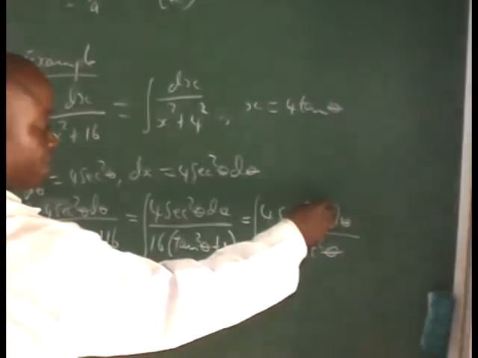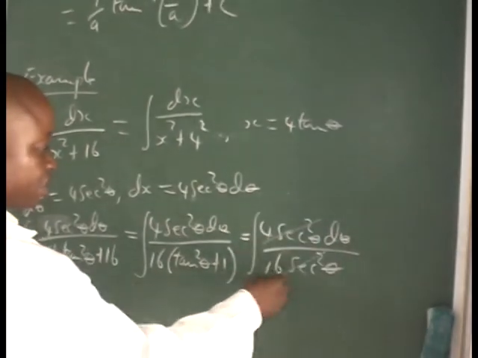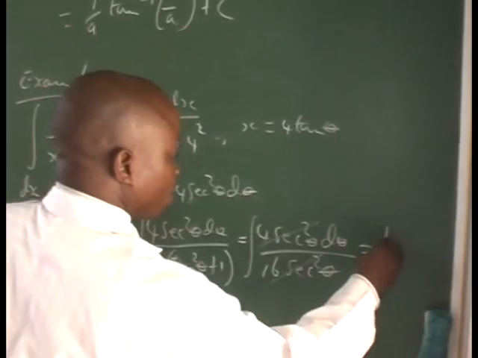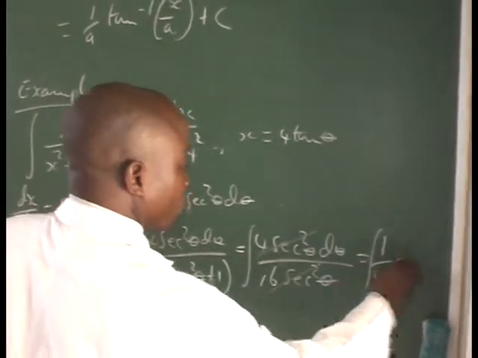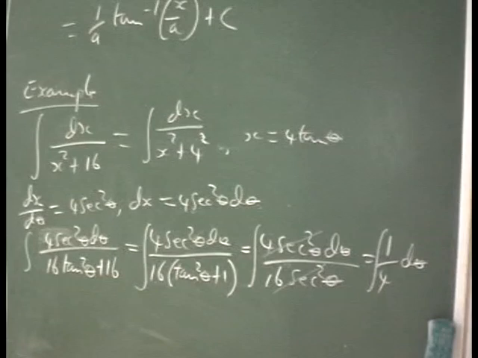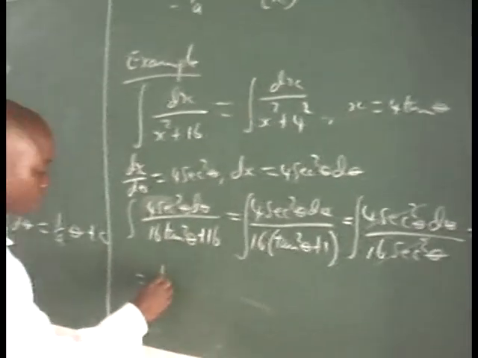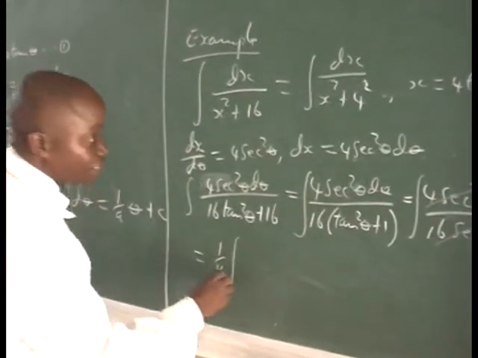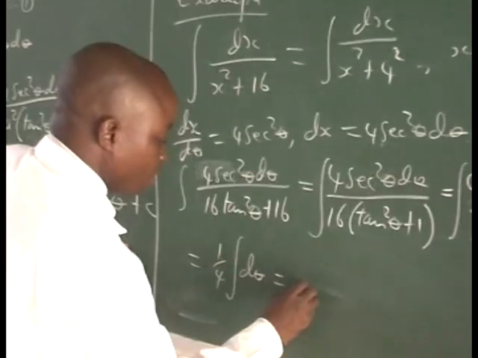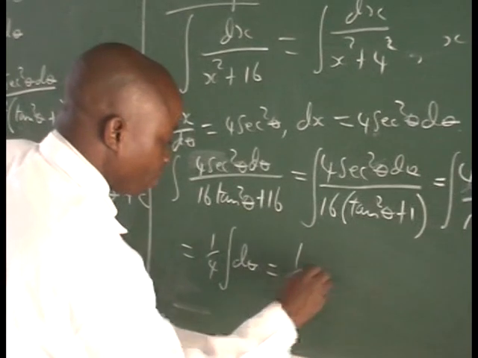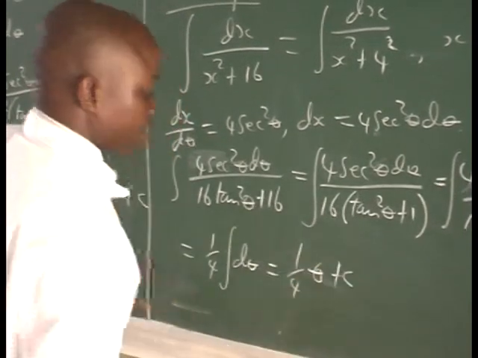So the whole of this will cancel the whole of this, and we'll have 1 all over 4 d theta, which will give us 1 all over 4 integral d theta, which is equal to 1 all over 4 theta plus c.